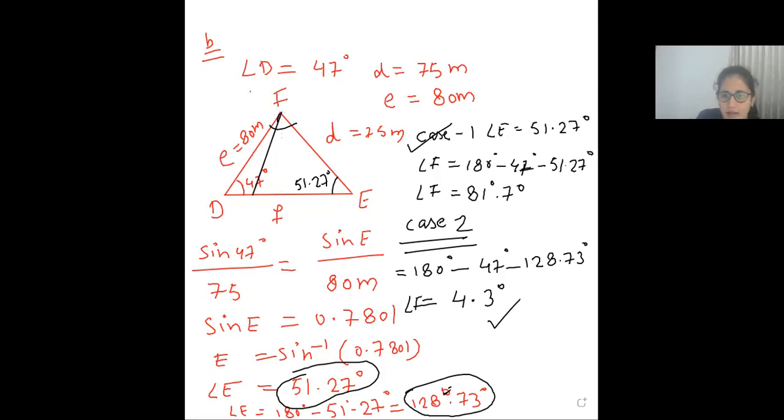I will change color. Where angle F, this smallest angle, is equal to 4.3 degree only, and angle E is shifted from here to here. In that case, angle E is an obtuse angle equal to 128.73. So in the first case angle E is acute, and in the second case angle E is obtuse.